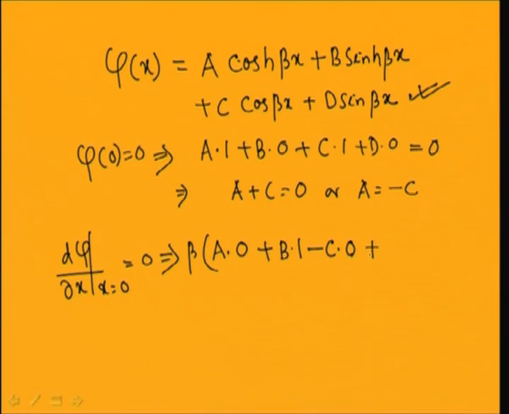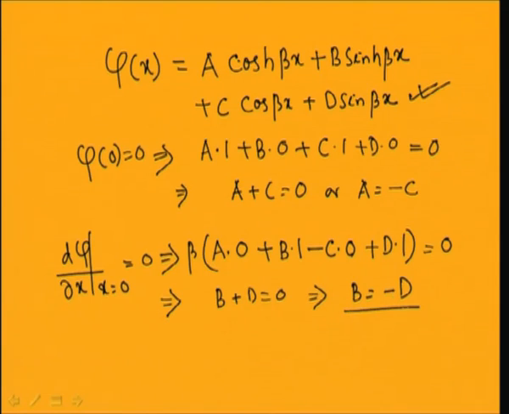And in the case of d, if I differentiate sin beta x, this becomes cos beta x. I have already taken beta common, so d into 1. In this way I find b plus d equal to 0, which implies b equal to minus d.